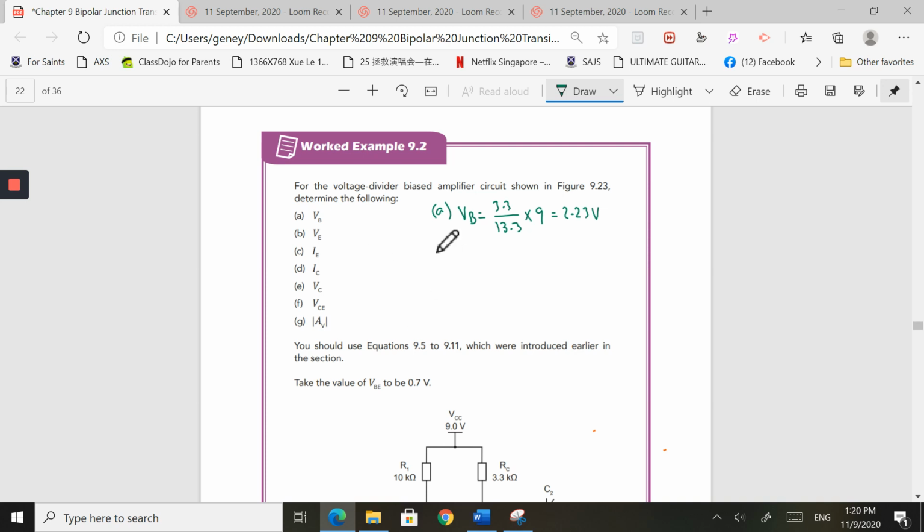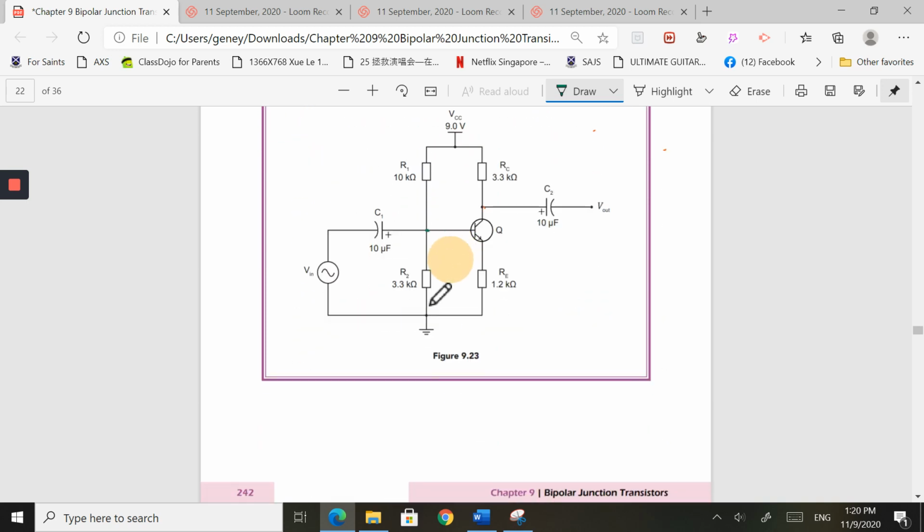This is the question. Next, calculate VE. So I'm going to show you how I'm going to get VE. Remember, we have the VB value now. I want to calculate the VE value, the voltage at the emitter. To get from here to here, I need to drop a voltage.